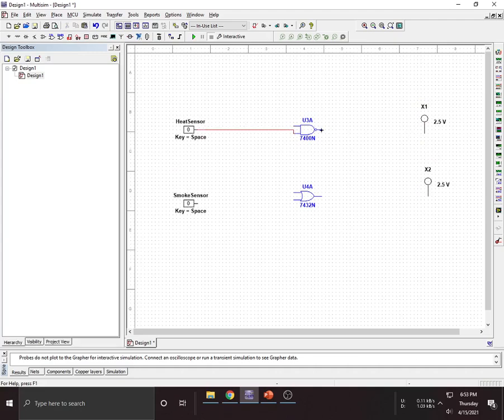This one, heat sensor with NAND gate on input, and output will be with red on. We make a mistake here.